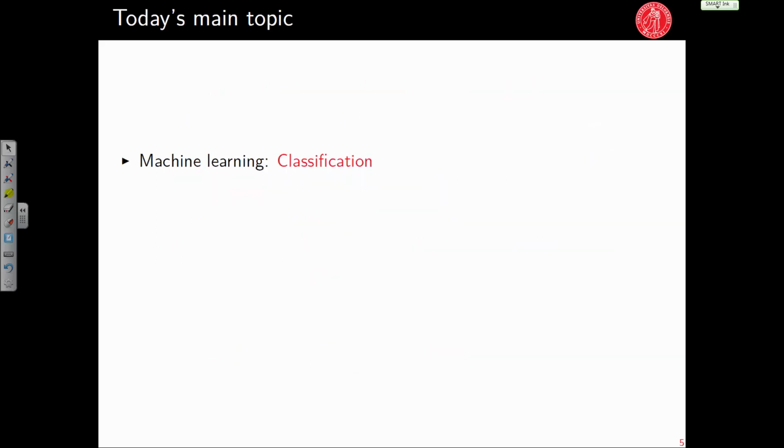Okay, so that was the overview or the reminder. Today, as I said, we're going to look at classification, which is a task that's part of machine learning. Any guess, any idea what classification is? Just a simple example.